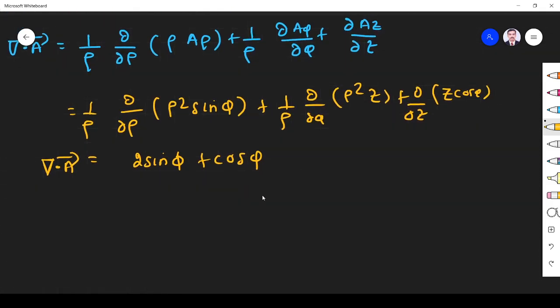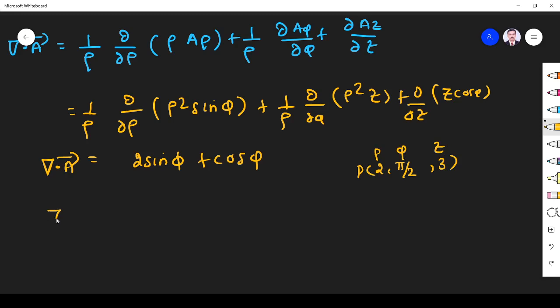So simple answer. Suppose they ask us to find the divergence at the point (2, pi by 2, 3). It is the cylindrical coordinate system because it is rho, one angle, one height.